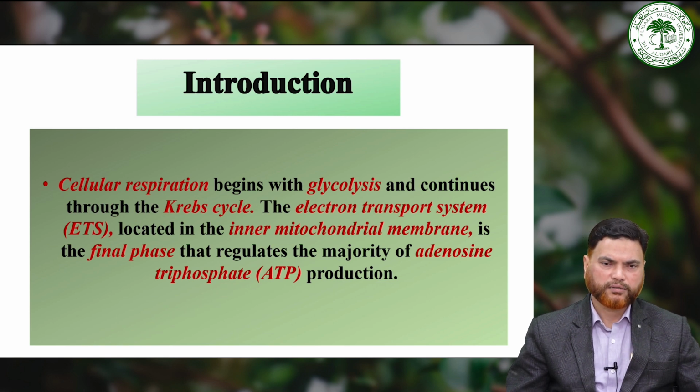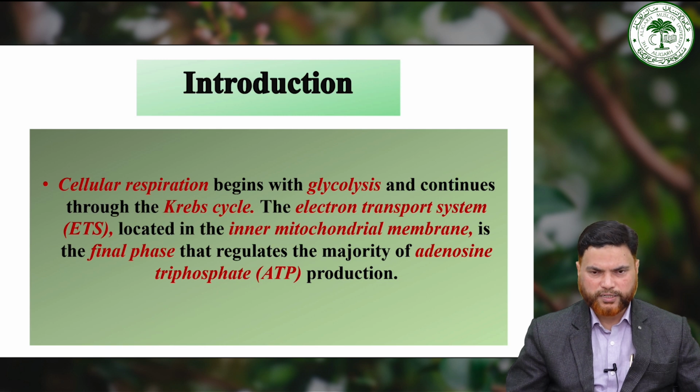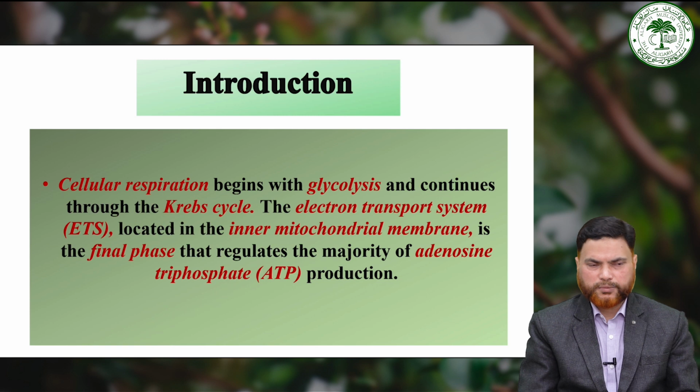And basically you might be aware that ATP serves as energy carrier. So ATP is indeed a very crucial molecule in the cell, serving as the primary carrier of energy. It stores and releases energy during cellular respiration.